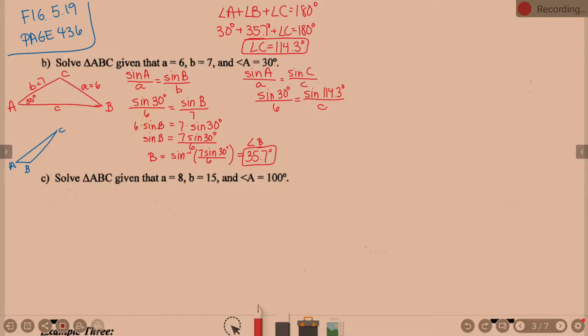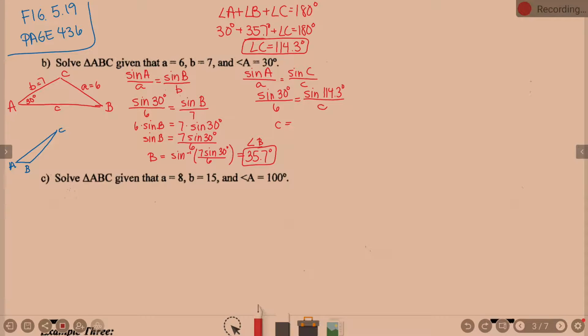Again, we are doing our cross products. Can I go ahead and jump? Can I do the cross products and the divide all in one step? Are we good with that? I feel like cross products is C times sine of 30 equals 6 times sine of 114.3. Then you divide by sine of 30.